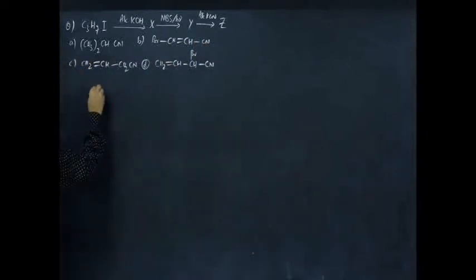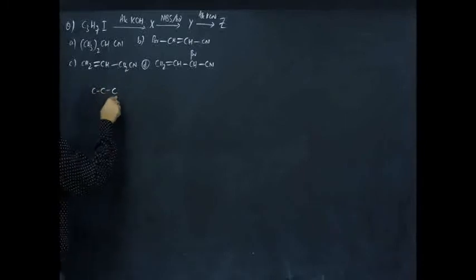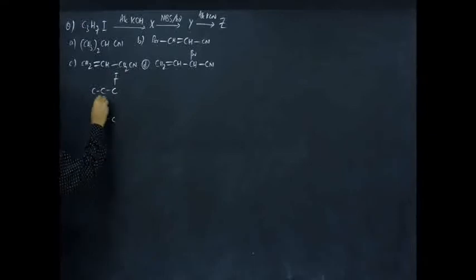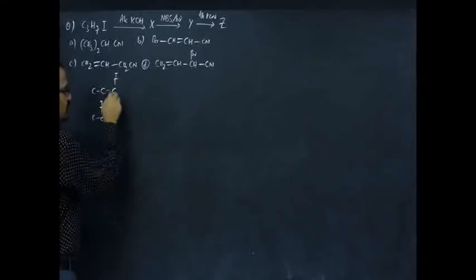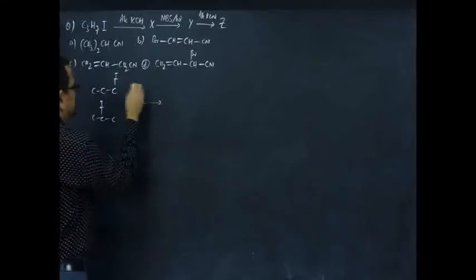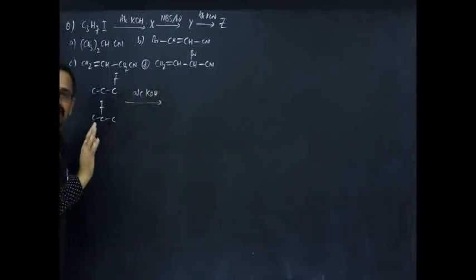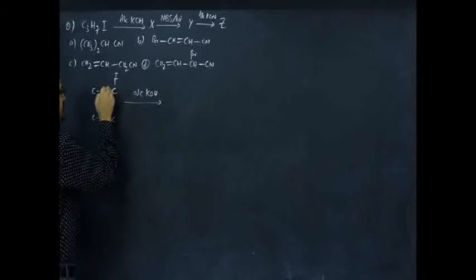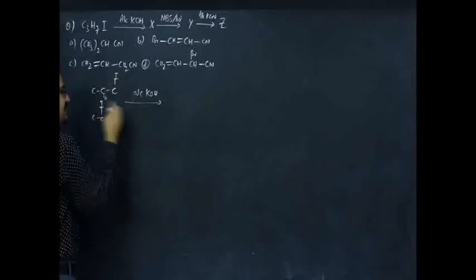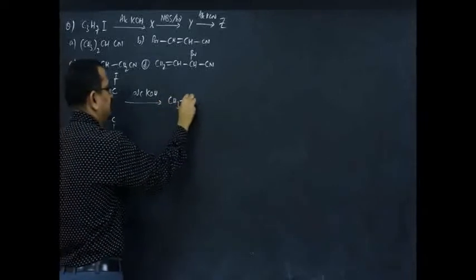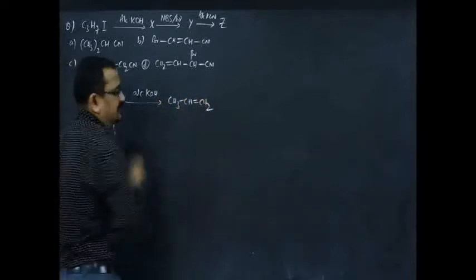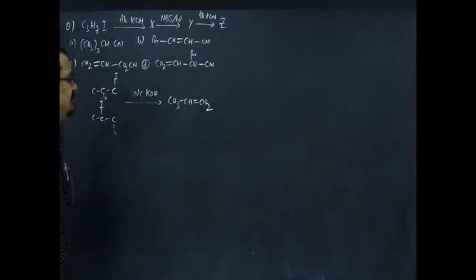Now, C3H7I means in a 3 carbon chain, the halogen may be on the first carbon or on the second carbon. Alcoholic KOH is a dehydrohalogenating agent, removing hydrogen halide. In either way, it gives CH3CH=CH2, propene, which is the product X.